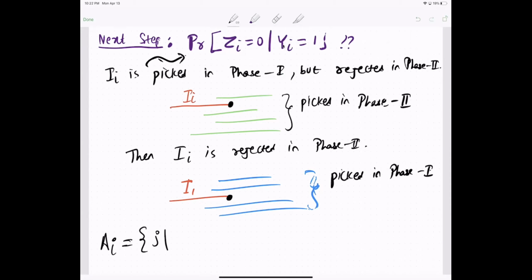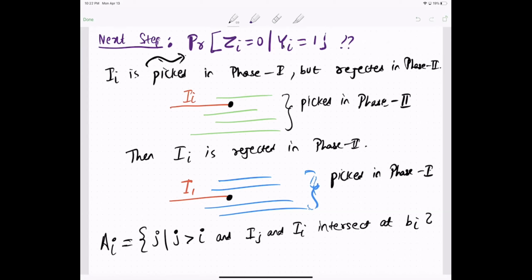So Ai will be a collection of J's such that j is greater than i, right? Because as I said, we are starting from I n minus 1, I n minus 2. So we're looking at all j's which are greater than i, and Ij and Ii intersect at Bi.